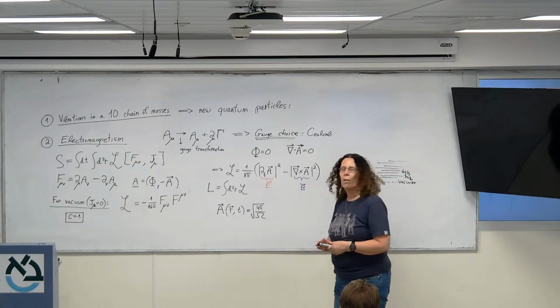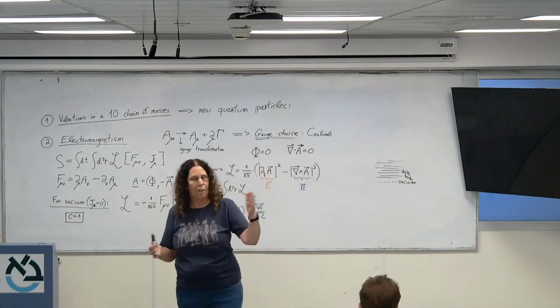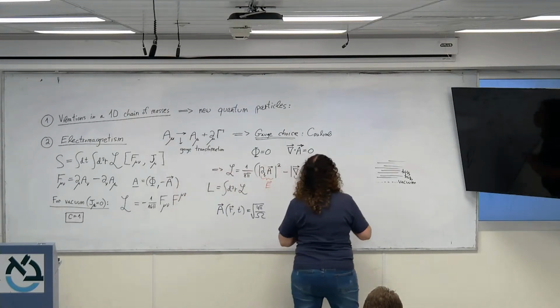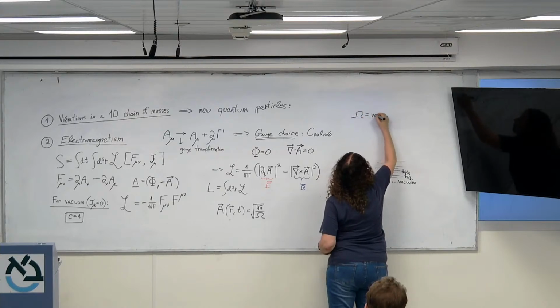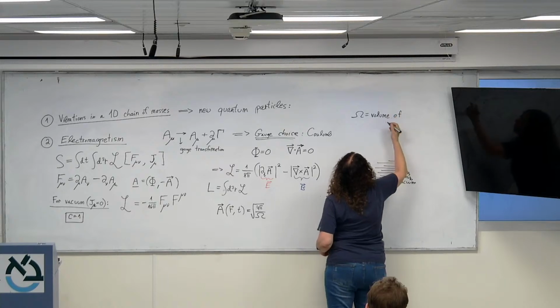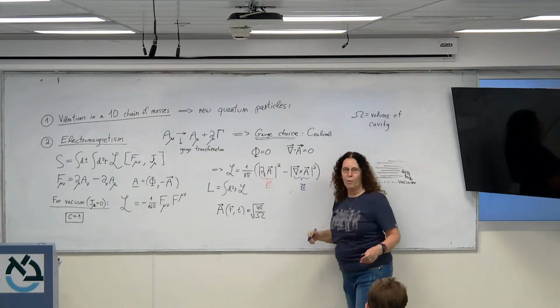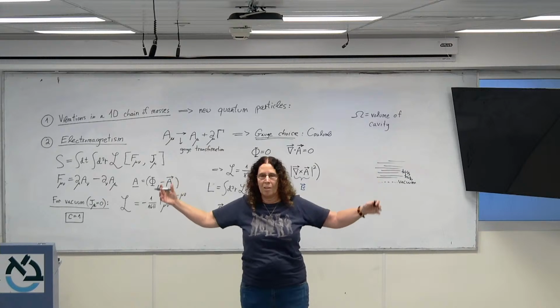We assume that there are some finite boundaries, some boundary conditions, and we can always go to the limit that omega goes to infinity. So omega is just the volume of, if you like, a cavity. You can think of a cavity which contains some electromagnetic field. We can take the walls to infinity.